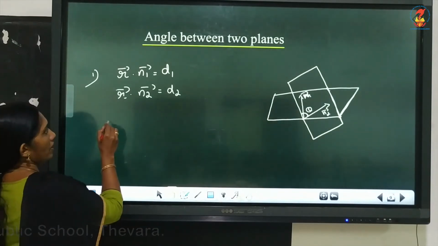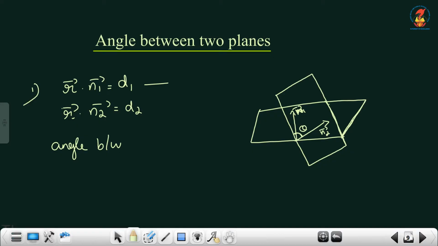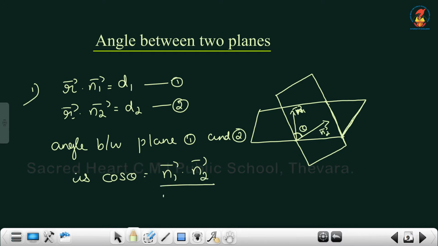Then angle between the above planes, angle between plane 1 and 2, okay, is cos theta. Cos theta is equal to, you have to multiply n1, that is, multiply means dot product you have to take, vector n1 dot vector n2 by modulus of vector n1 dot vector n2.